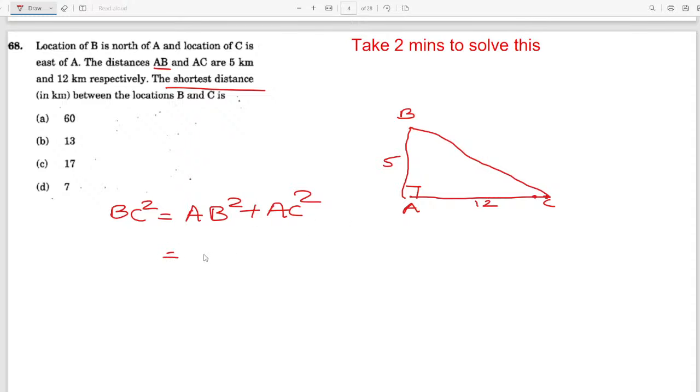AB square is 25, AC square is 144, this is 169, and BC is equal to root of 169, that is 13. So the answer is 13.